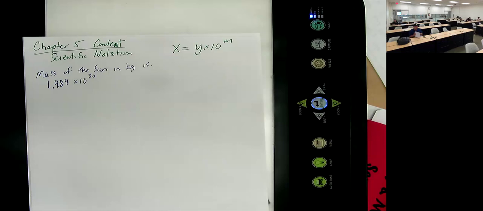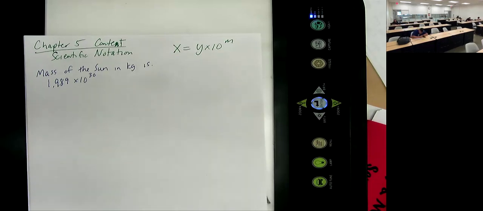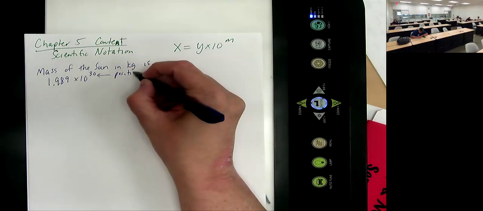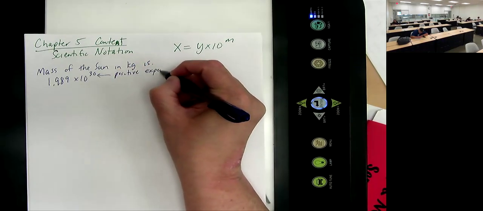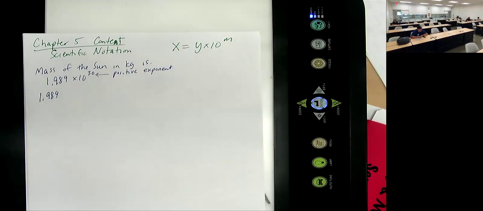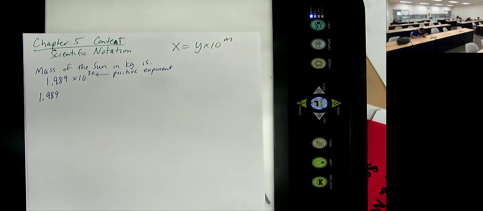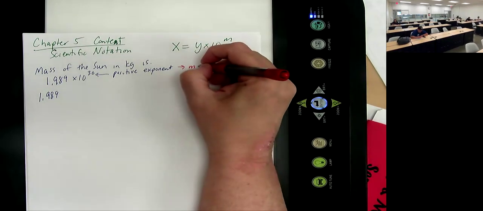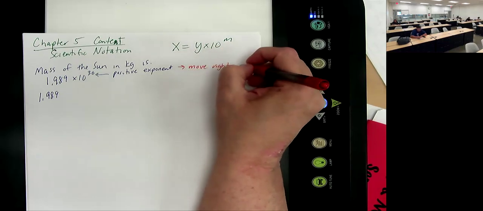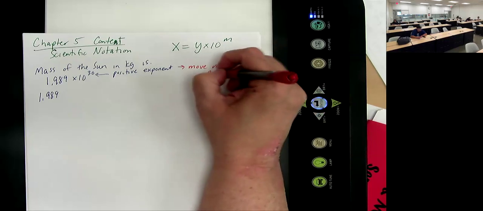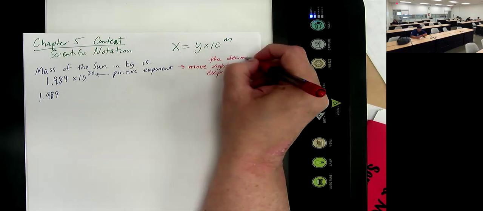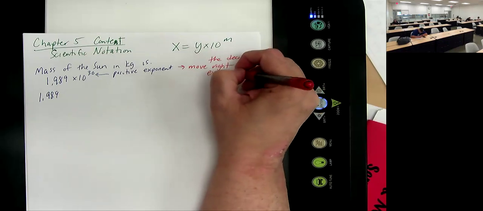When we're dealing with a positive exponent here, what we do is we take that decimal and we move it right. Move right 30 times. Move the decimal right the exponent value.